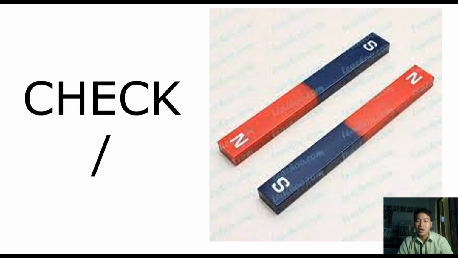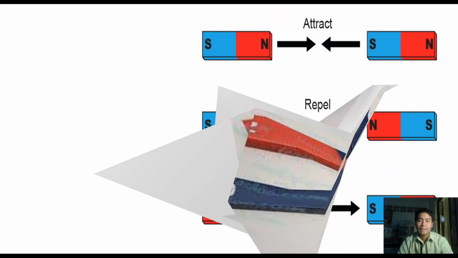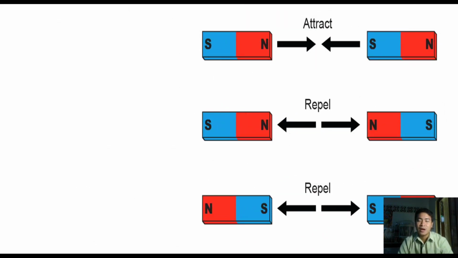Just like this one, we have here the north, the south, and the north. So this is checked. These two magnets can be attracted to each other. And then we have here attract, repel, repel. So it can be attracted, the south pole to the north pole and the south to north. Yes, this is checked.